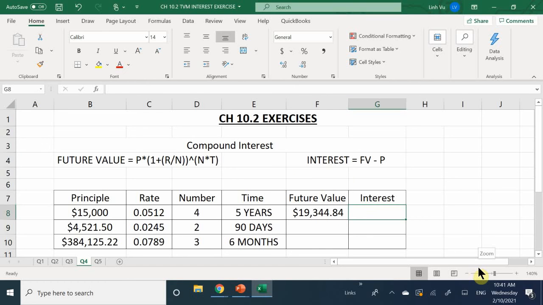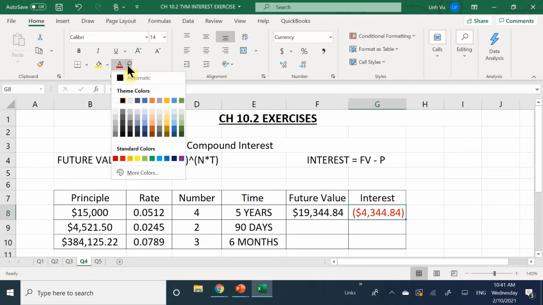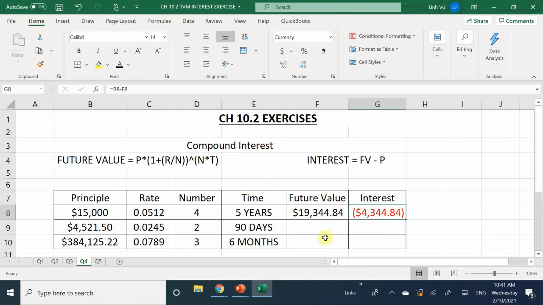All right, and what is my interest going to be? 4,344.84. Okay, so that's a lot of interest. For 5 years, that's a little less than $1,000 a year, roughly.